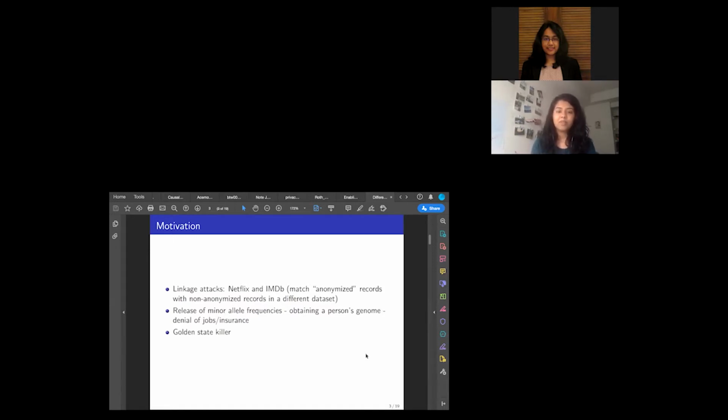So this is a small trivia. I don't know how many of you have heard of the Golden State Killer. He was the serial killer who was active during the late 1970s and early 1980s, and he committed a lot of crimes, and they were unable to track him for most of that time until very recently.